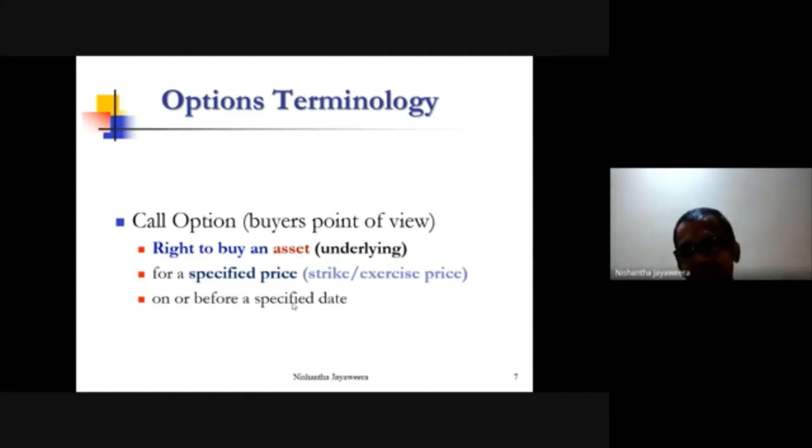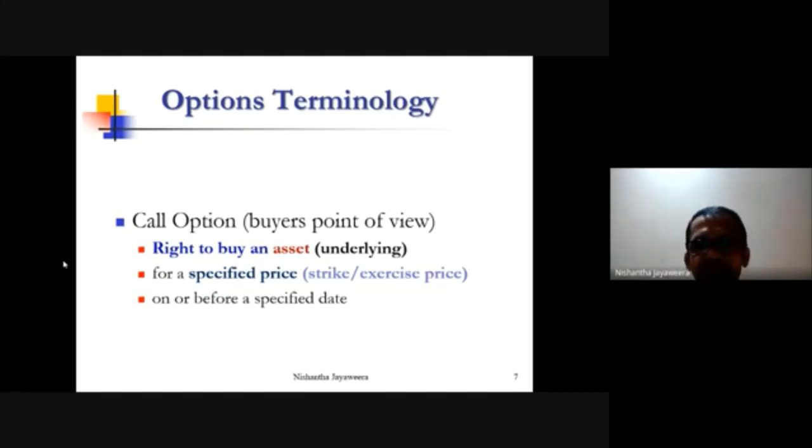We are going to categorize the type of options based on whether you can execute your right only on a specified day or within the period. So even though I mentioned here it's on or before a specified date, we can restrict that and classify the options into two different categories. However, for the time being, concentrate on call option.